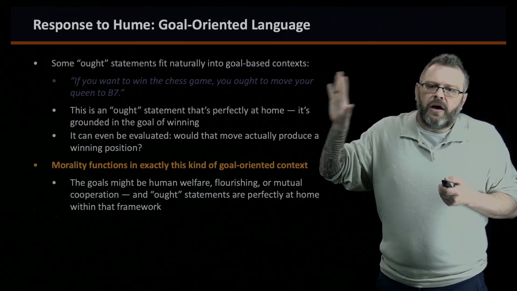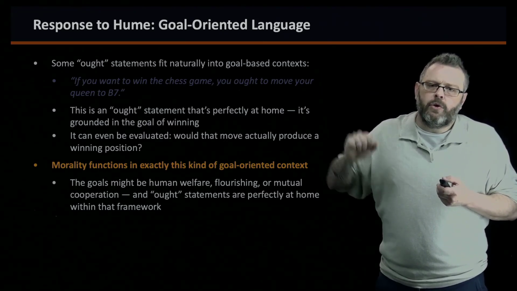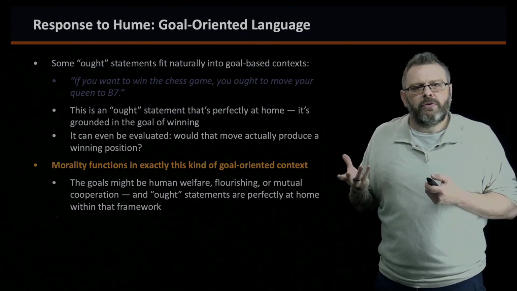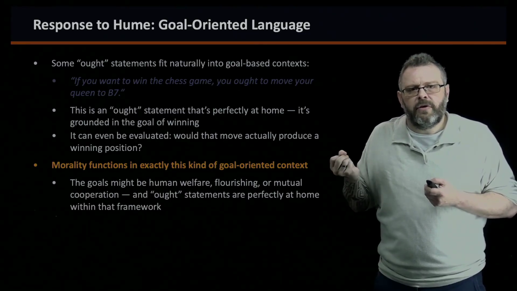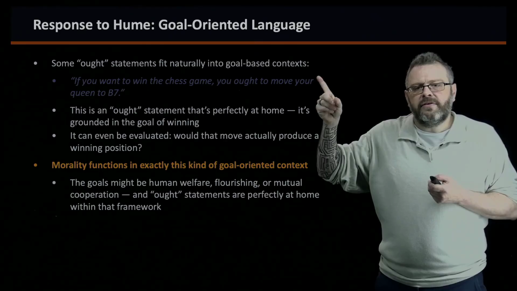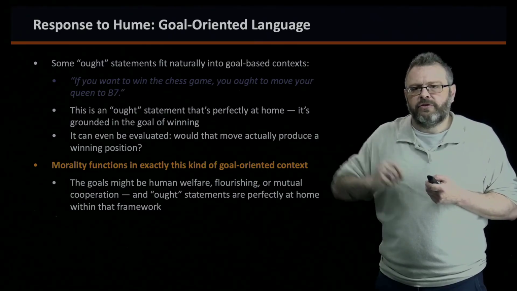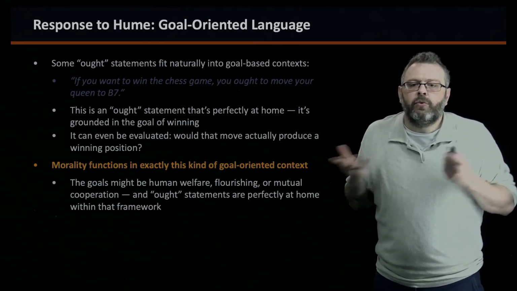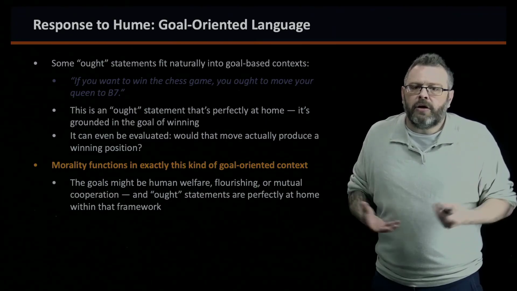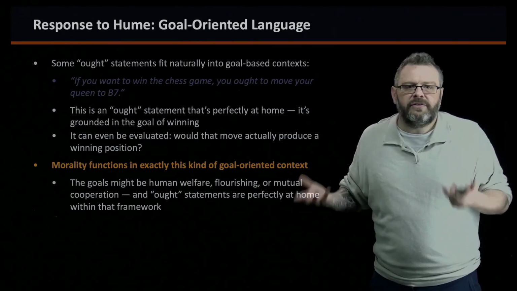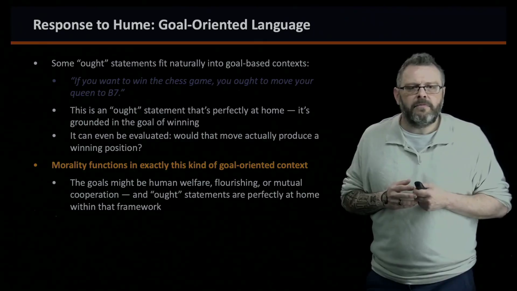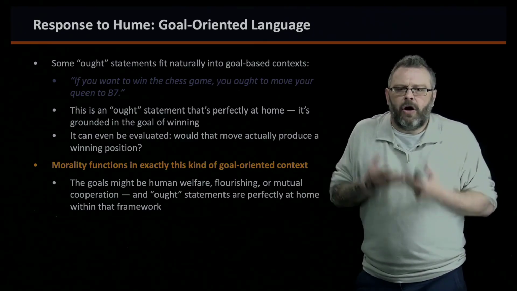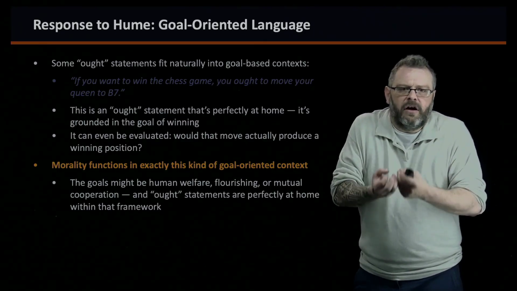We've also got a response in the form of goal-oriented language, and this is a really interesting idea. Here is a claim that seems to make total sense: if you want to win the chess game, you ought to move your queen to b7. Where did this ought come from? Well, it's an ought of a goal.